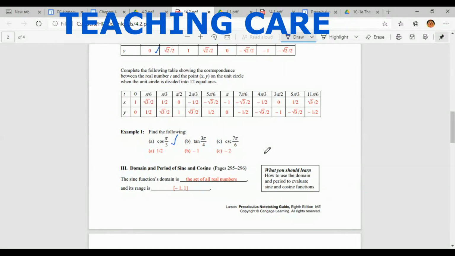And then cosecant of 7 pi over 6, that's equivalent to 210 degrees, and cosecant of 210, I don't exactly know that one. Initially, when you are going to have the unit circle, we know only the values of sine and cosine.